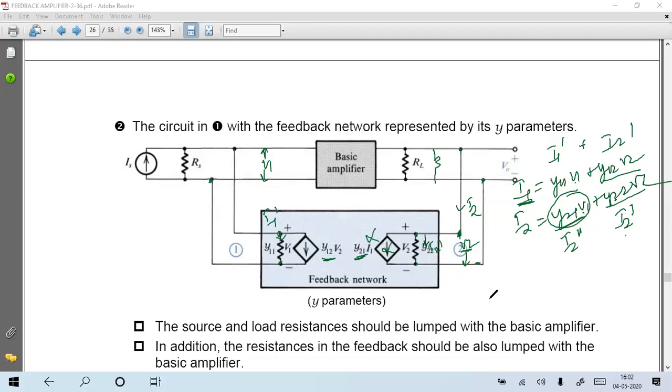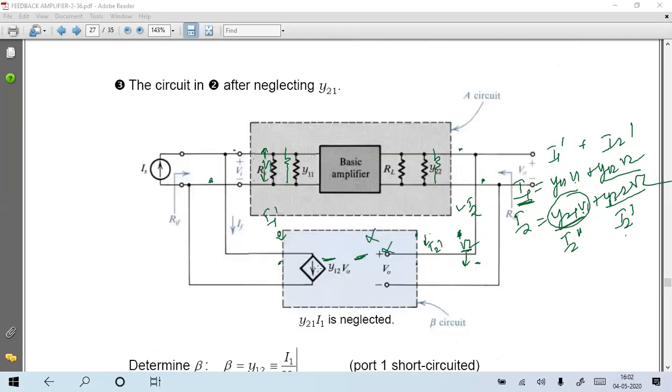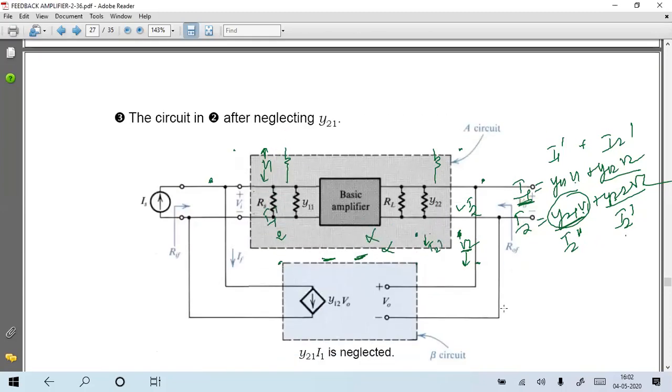Same here, Y11 has to be shifted here. According to the original case, I'm retaining this one dependent current source as it is, to compare with the network parameter. Comparing with the ideal case, Y12 is nothing but beta.